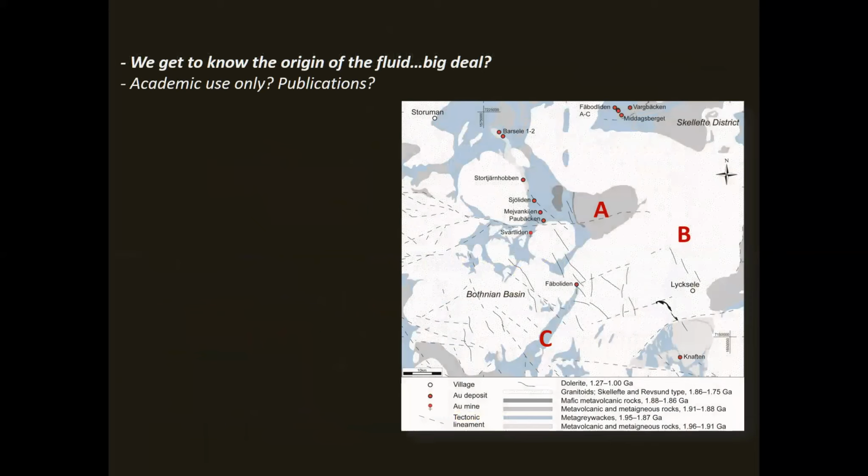So we figured out the origin of the sulfur and by that the gold and also the fluid at the Fäboliden deposit. But why do we do this now? Is it only for academic use? I use this to publish my data and I'm happy about that. Or can we actually use this in some other way?